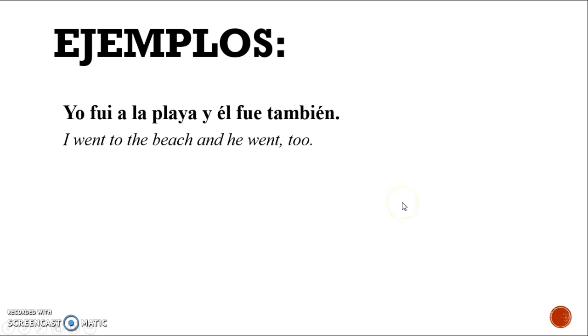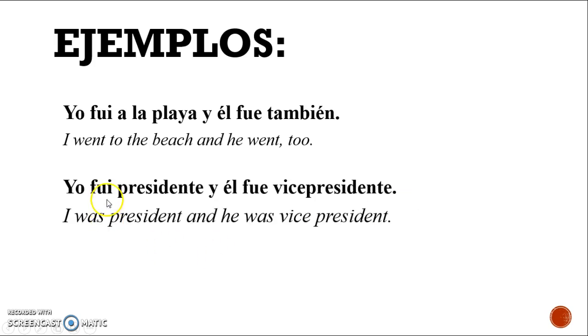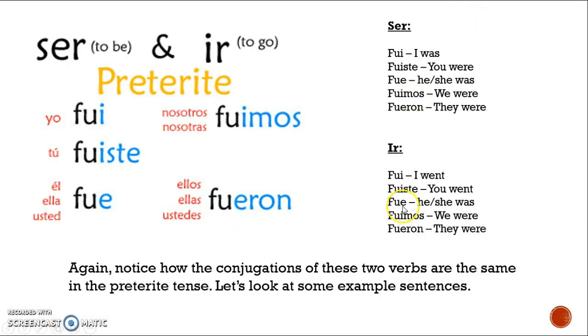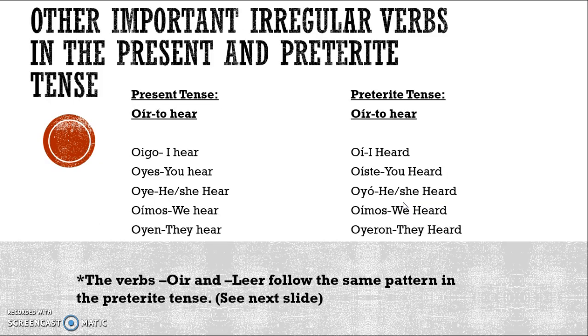So we have to use went. The next sentence, I was president, or yo fui presidente y él fue vicepresidente. I was president and he was vice president. Okay, so by the given context clues of the sentence, you'll be able to tell whether it's the verb ser or ir. Okay, memorize how to conjugate them.